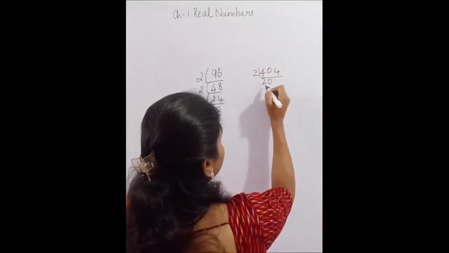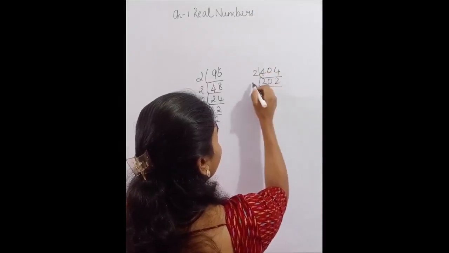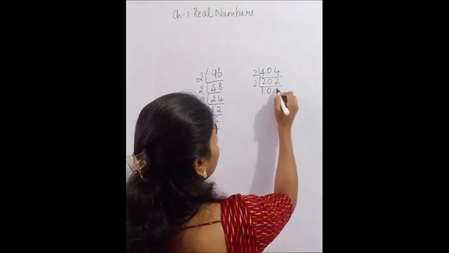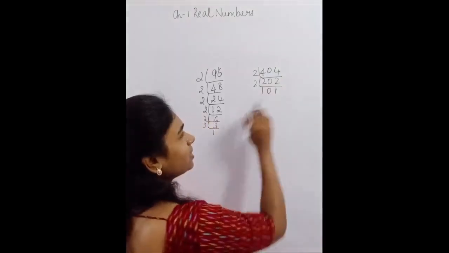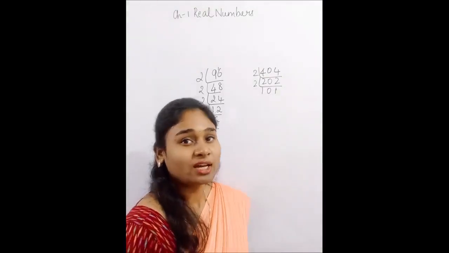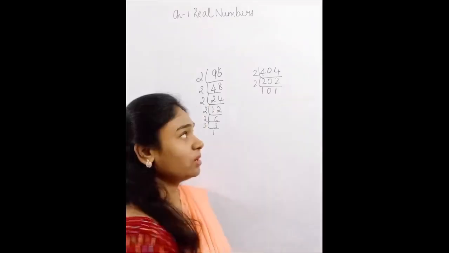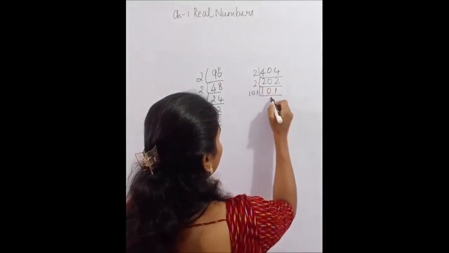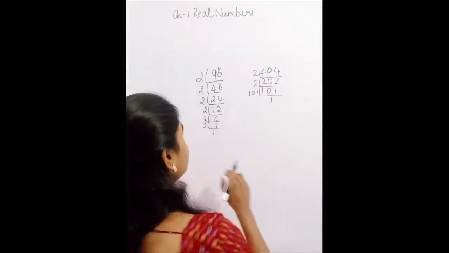Now 404. 2 2s are 4, 0, 2 2s are 4. And again it is divisible by 2. So 2 1s are 2, 0 here and 2 1s are 2. Now 101 is not divisible by anything other than 101 and 1, which means it's a prime number. So 101 into 1. I hope it is clear till here.